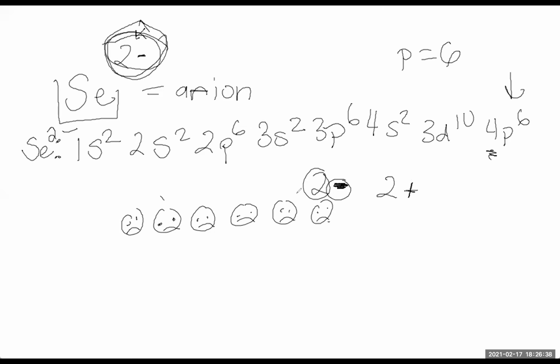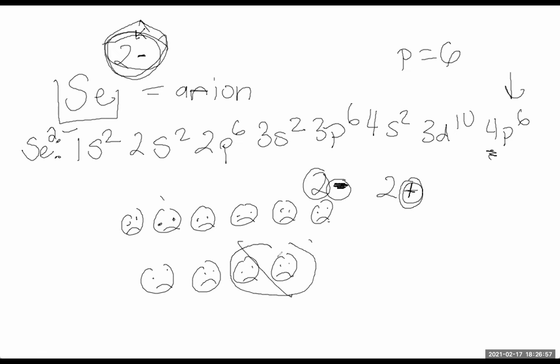That means out of those original 4 people, 1, 2, 3, 4, 2 of them are now going to be happy. So you're going to take away those 2 people, and you're going to be left with this.